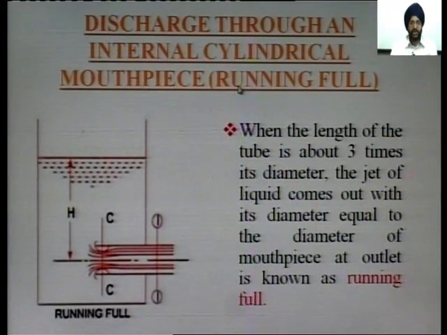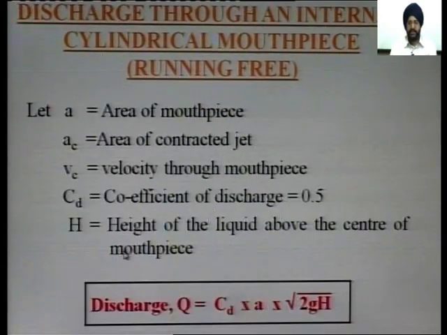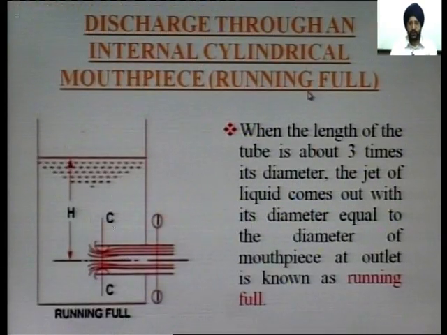Now, there is a second condition of running full. In the previous condition, it was running free, the liquid not touching the sides, whereas in this case, running full, the length of the tube is about 3 times its diameter. Now, this is different. This length is extended now.